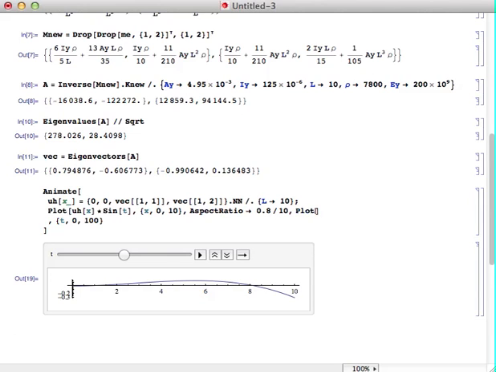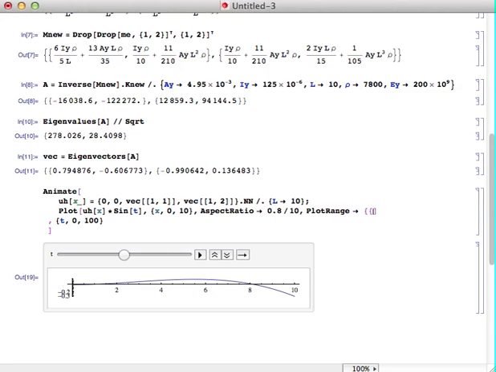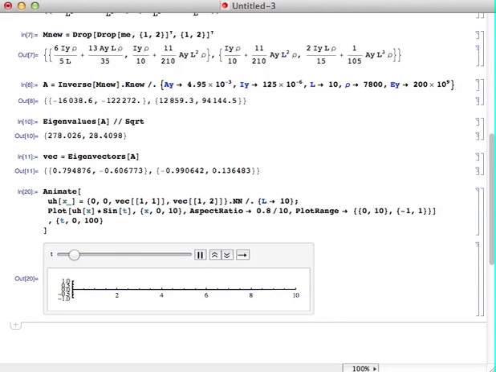So we go from 0 to 10, minus 1 to 1. So that's how the second mode would vibrate.